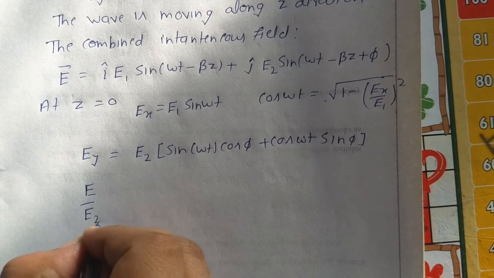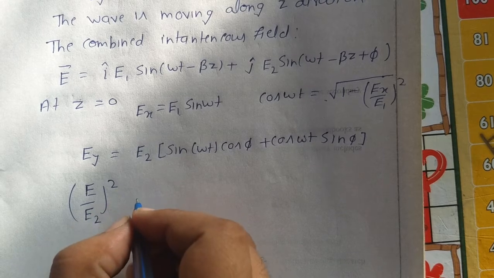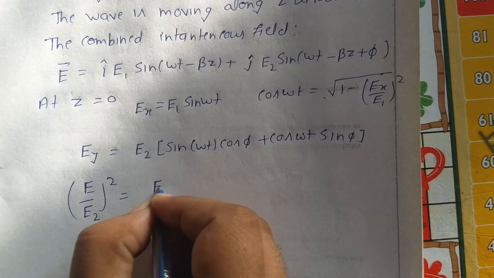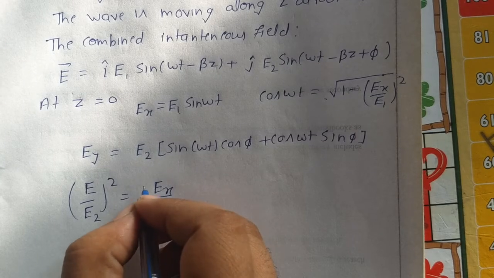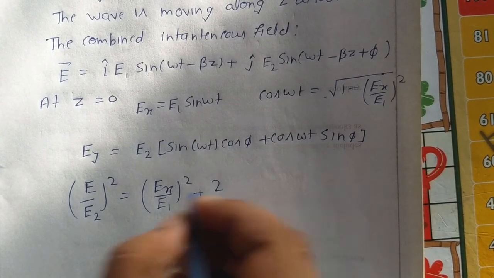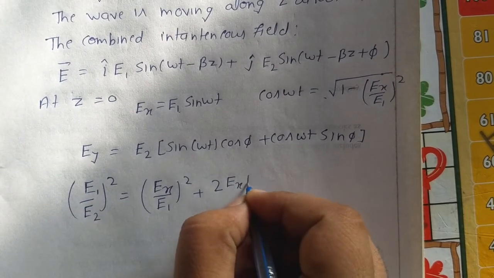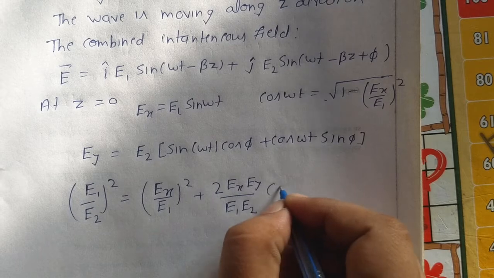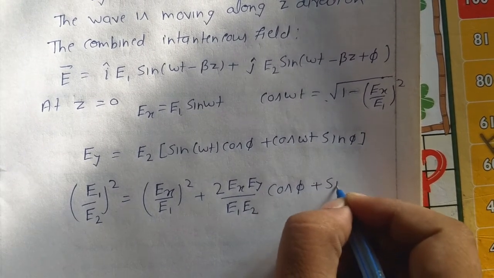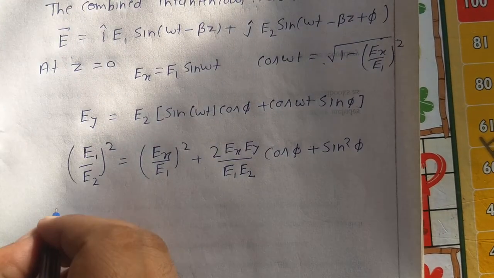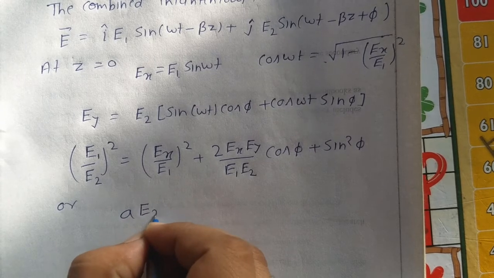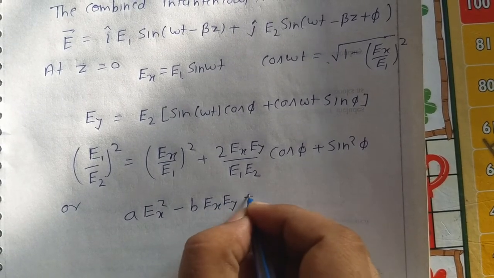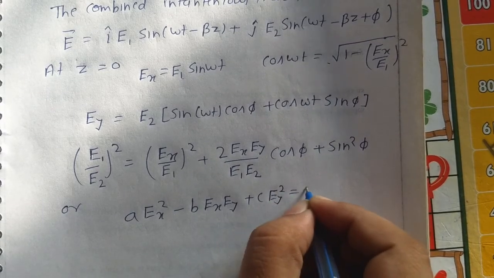Ey divided by E2 whole square equal to Ex divided by E1 whole square minus 2 Ex Ey divided by E1 E2 cos phi plus sin square phi, or a Ex square minus b Ex Ey plus c Ey square equal to 1.